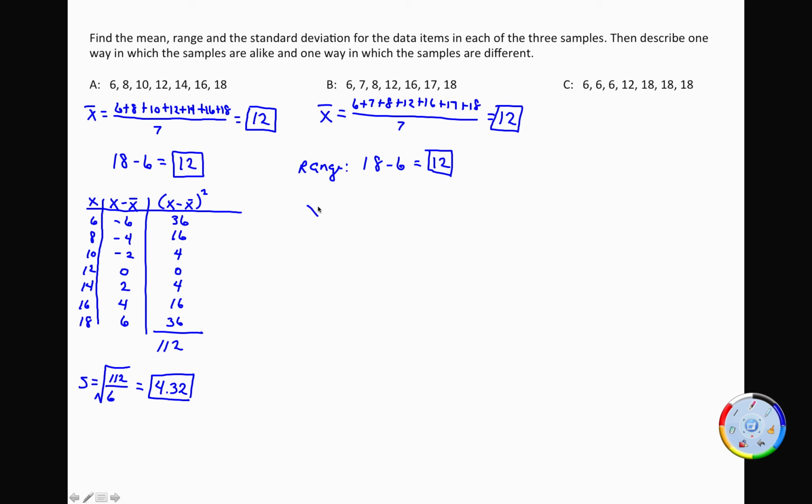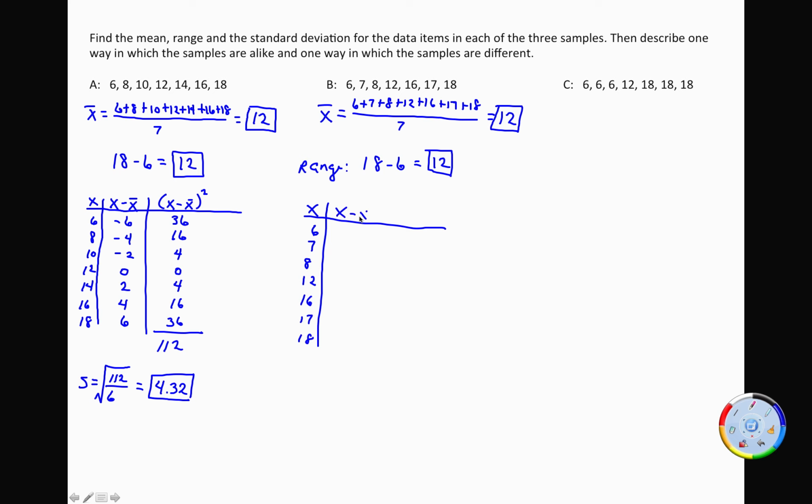Let's find the standard deviation. This time my data points are 6, 7, 8, 12, 16, 17, 18.